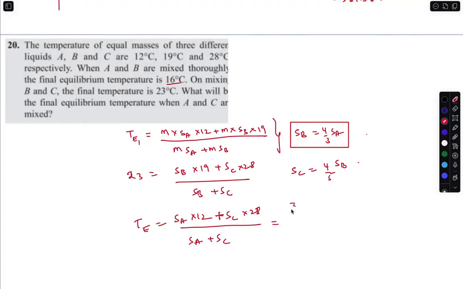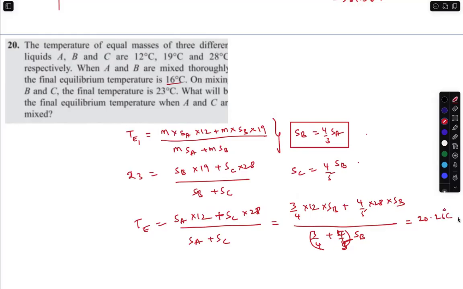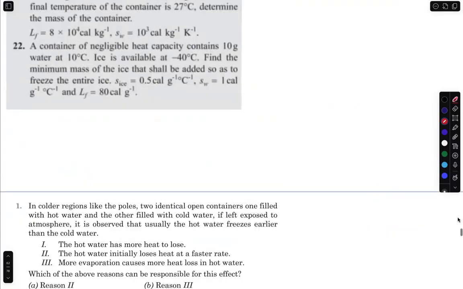SA is 3/4 SB, SC is 4 by 5 SB. Solving which, you will get the value as 20.26 degrees centigrade. Right.